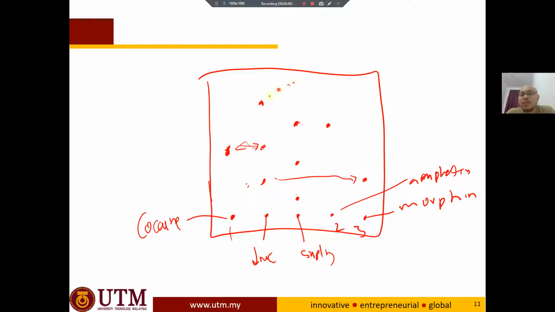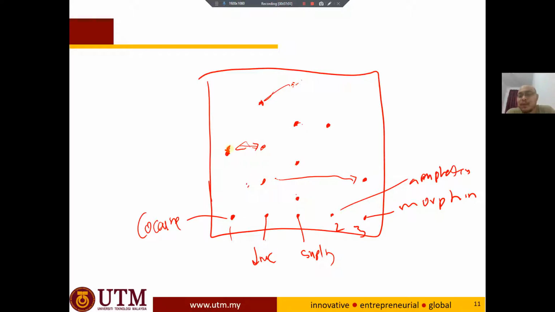How about this one? We don't know what this is. So we cannot identify this one, but we can say the drug addict's sample has a mixture of morphine and also cocaine.